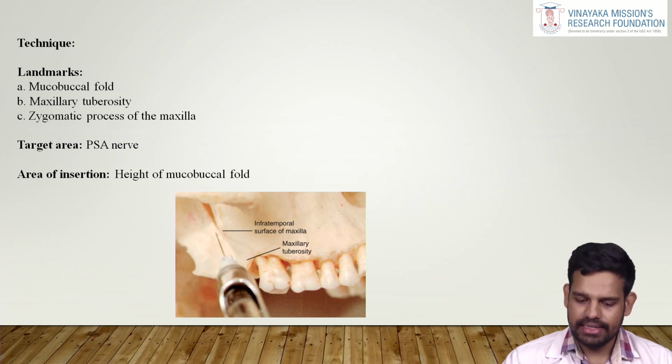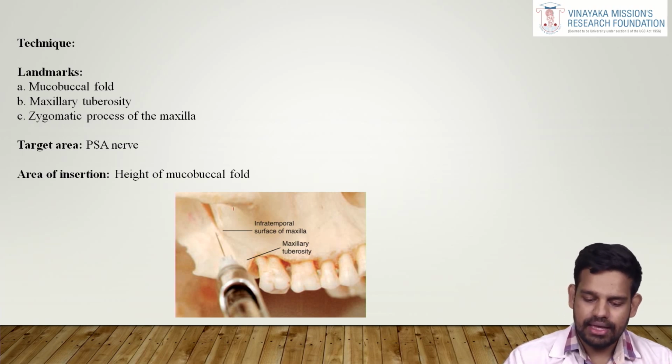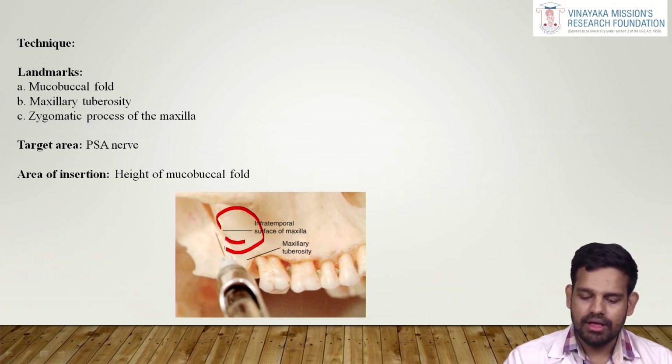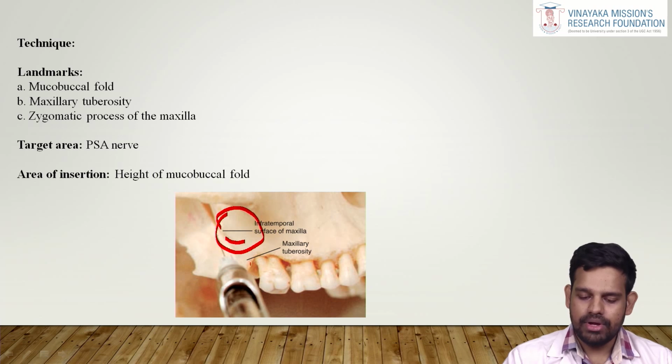We will inject the needle into the mucobuccal fold, directing towards the pterygopalatine fossa from where the posterior superior alveolar nerve emerges. This gives you the infratemporal surface of the maxilla, and distal to the last molar lies the bony protuberance called the maxillary tuberosity.